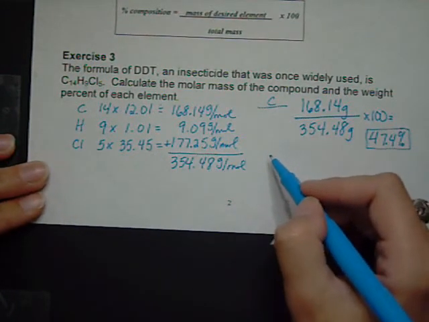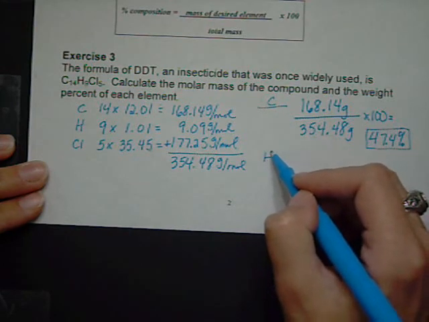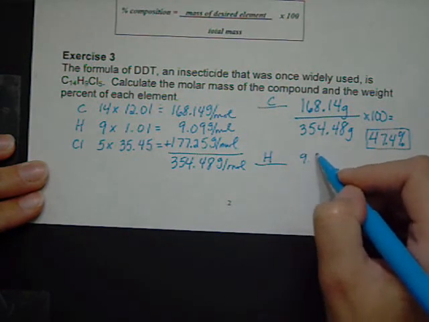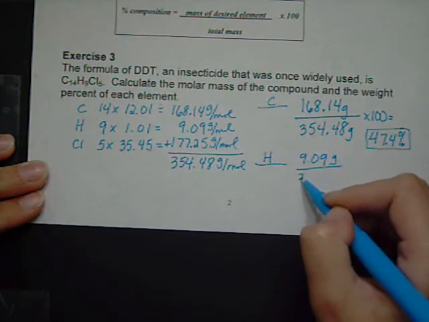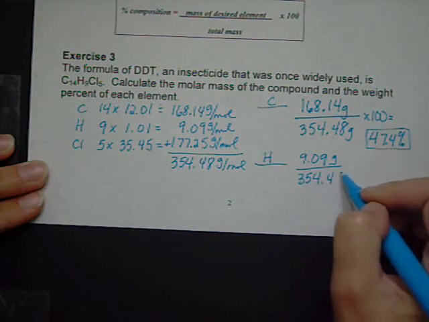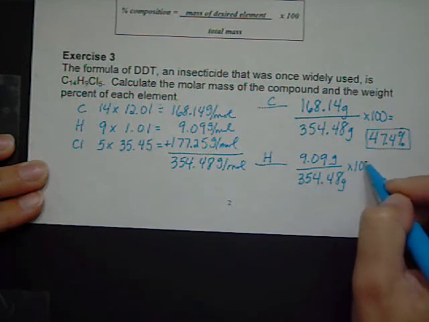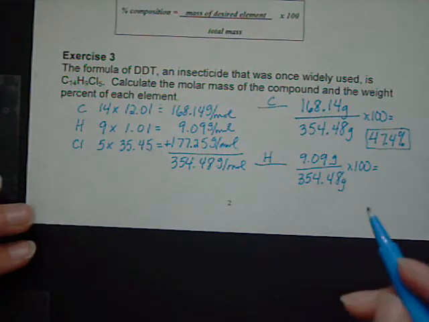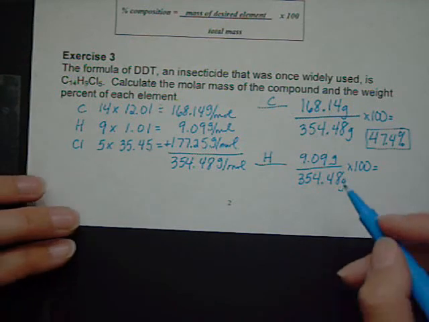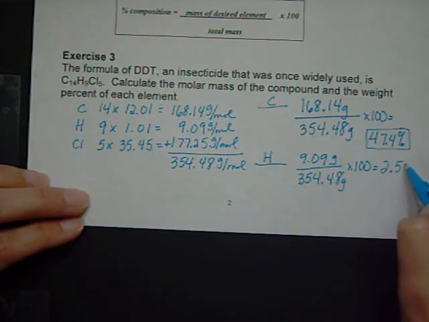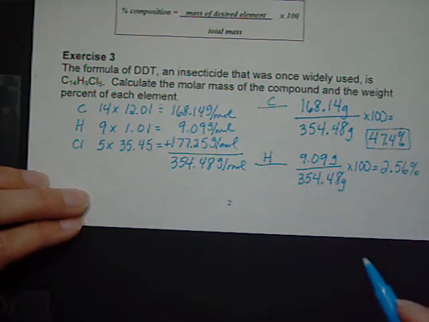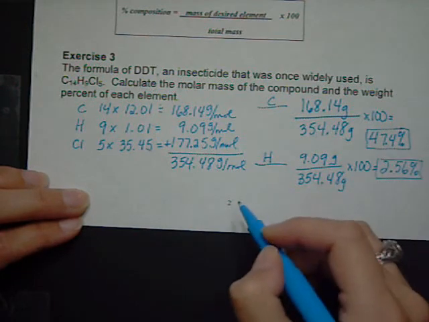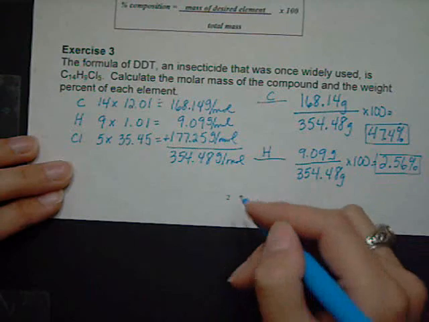I can do the same for the other two elements. Hydrogen, 9.09 grams out of the total 354.48 times 100, is 2.56% or 2.6%. And then finally for the chlorine, I really kind of have a choice.